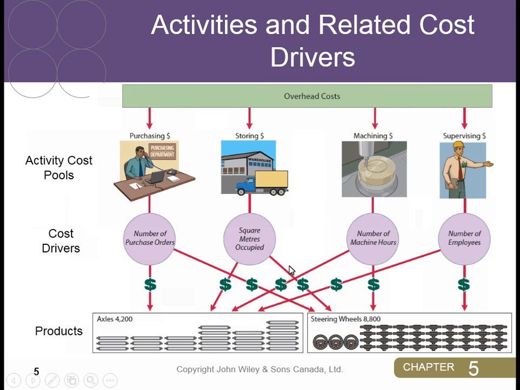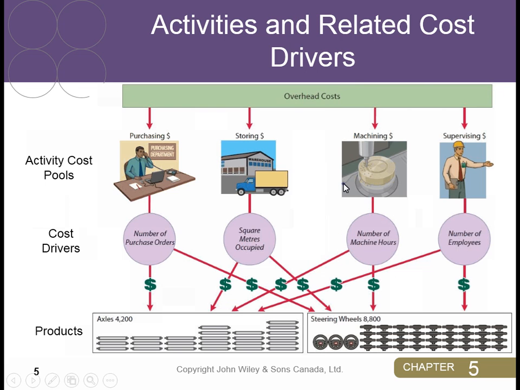So purchasing is going to be based on the number of purchase orders. Storage is probably going to be based on the number of square meters of your warehouse space that are taken up, etc. As you work through examples of this over time, this becomes more natural to you. You get to understand which activity driver applies to which activity pool. It becomes common sense after a while, the more questions you do.